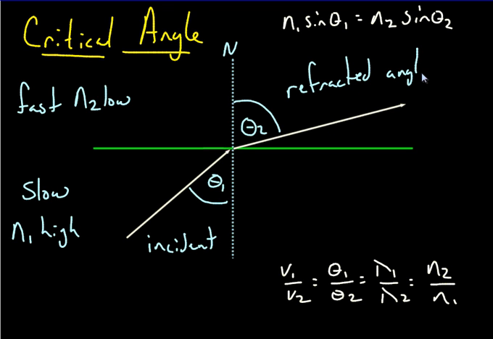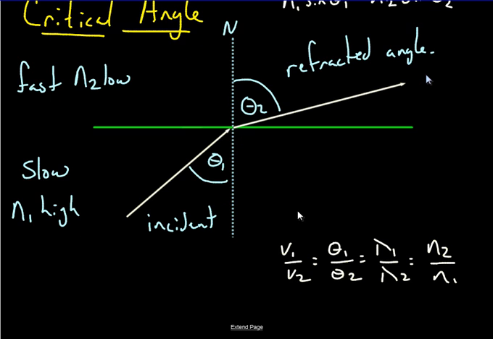All right. So, my question to you is, if we continue to increase this incident angle, in other words, we bring the beam of light or the waves to a larger and larger incident angle, eventually we're going to get to a point where theta 2 gets large enough that it interfaces with the surface between these two media.